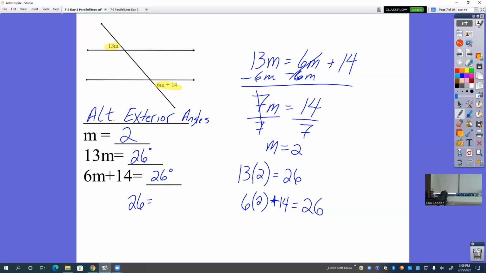So again, 26 equals 26. And alternate exterior angles are equal. So they're supposed to be equal. So we know that our work was done correctly. Again, alternate exterior angles that are on opposite sides of the transversal and are outside of the parallel lines are considered to be equal.